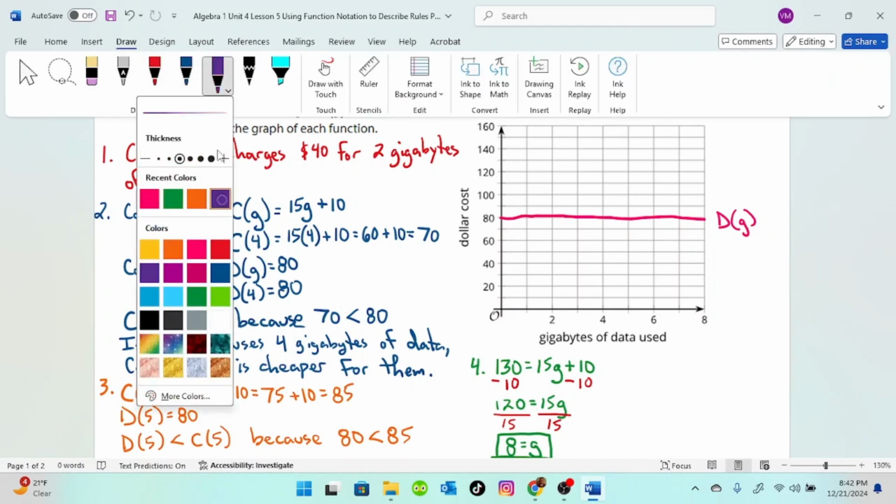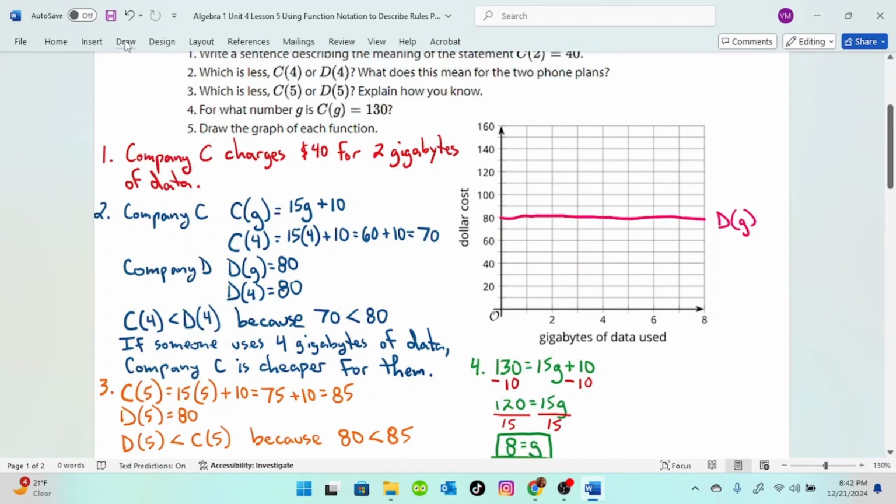Now, when we are trying to do c of g, that value is going to change. So when we have no gigabytes, 15 times 0 would be 0, plus 10, so we can put a point here. Now we can go over to 1. 15 times 1 is 15, plus 10 is 25.